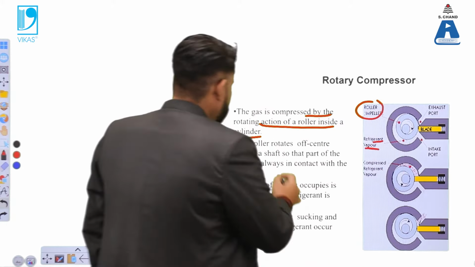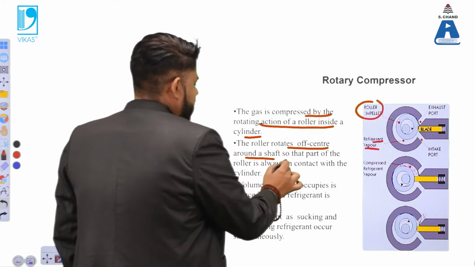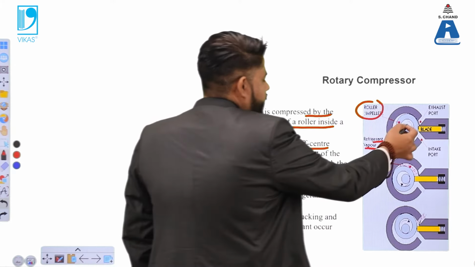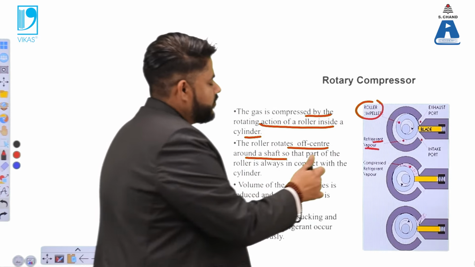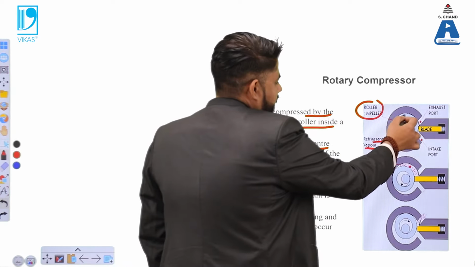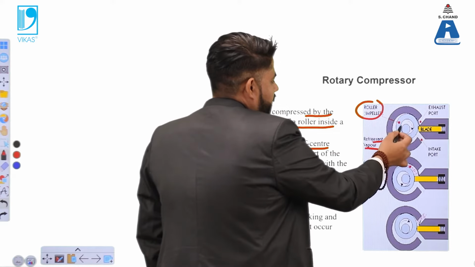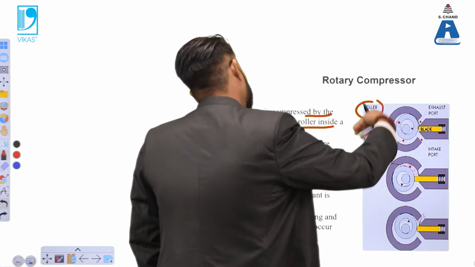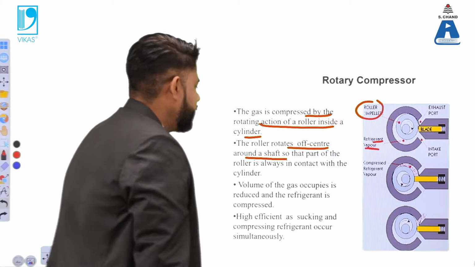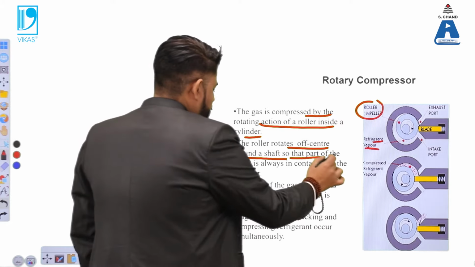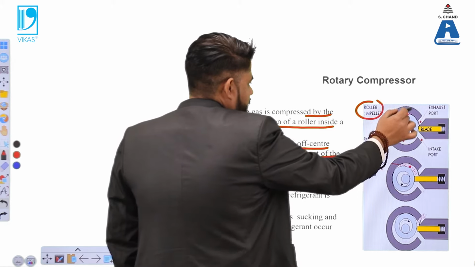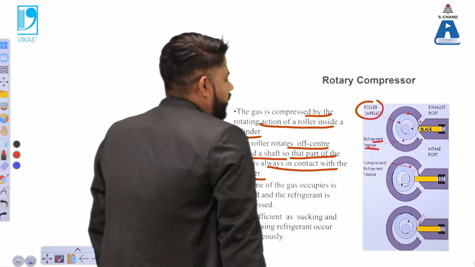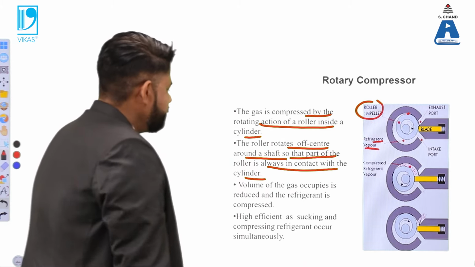So what happens? The roller rotates off center on a shaft. Off center means it is not rotating about the axis. So it is rotating in a manner as shown in the diagram, moving off from the center, so that one part of the roller is always in contact with the cylinder.